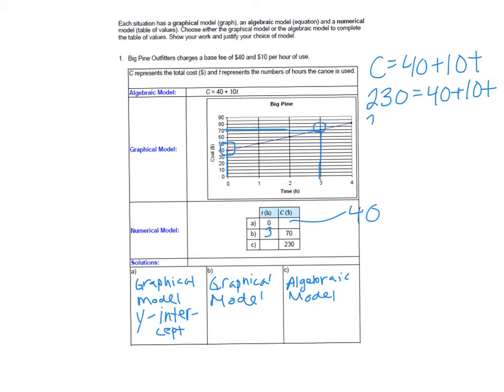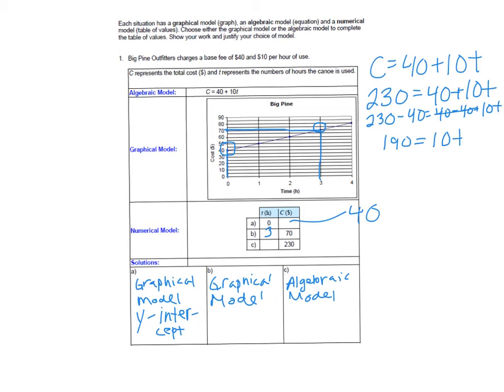So I'm going to do 230 minus 40 equals 40 minus 40 plus 10t. Once I've done that, 230 minus 40 equals 190, and 40 minus 40 equals 0, equals 10t.